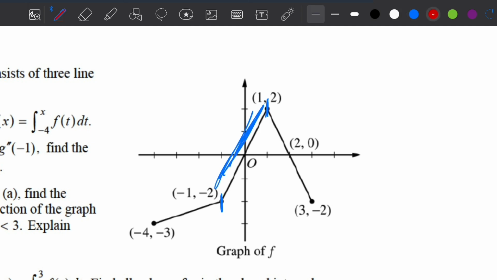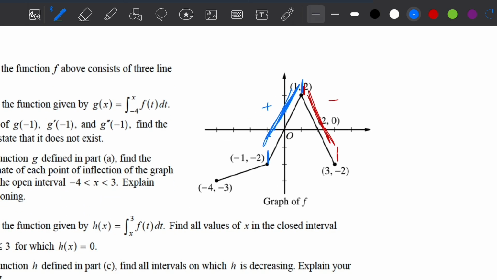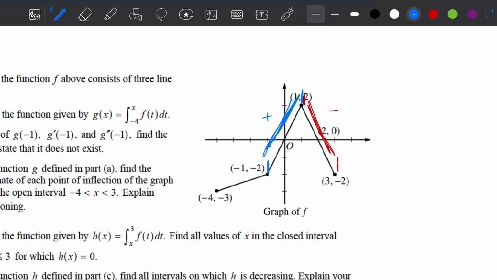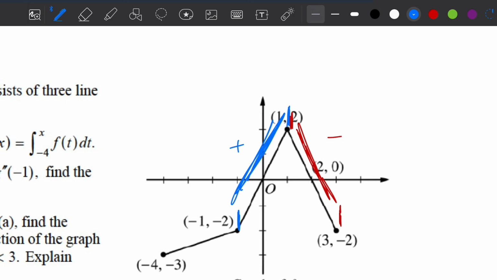And we can see that it is decreasing from 1 to 3, since this has a positive slope and a negative slope. So we can conclude that f changes from increasing to decreasing at the point x equals 1, which is the same as the local maximum for f. Therefore, g of x has a point of inflection at x equals 1.